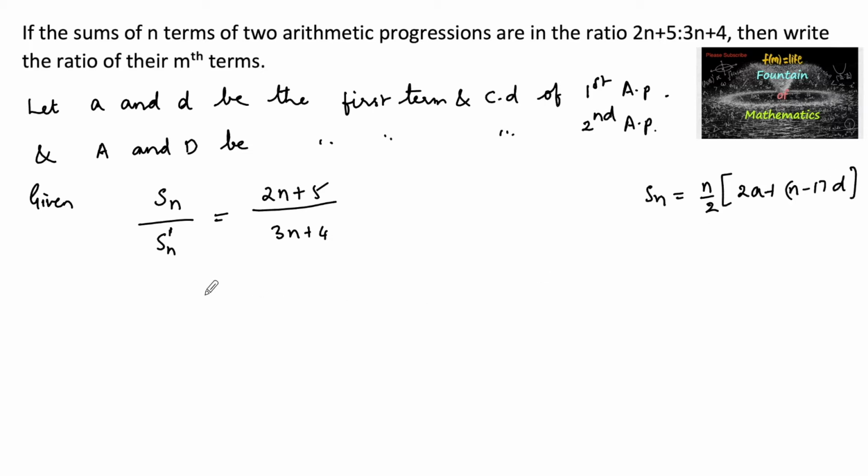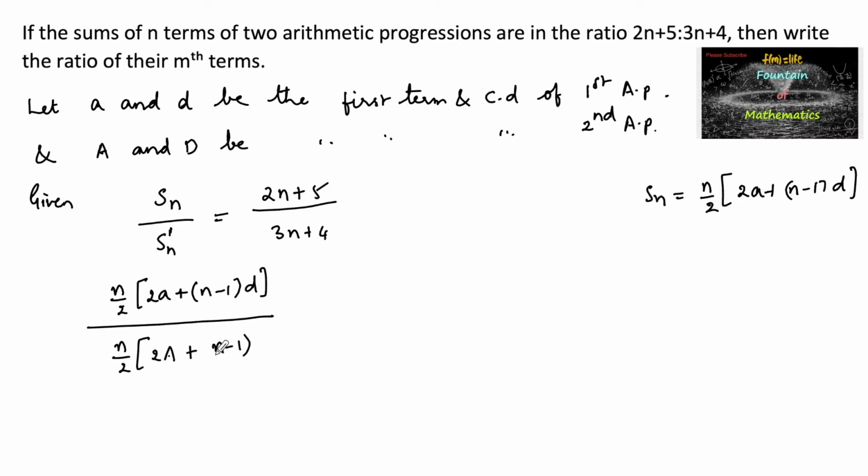So by using this formula, let us write n by 2 into 2 times a plus n minus 1 into small d upon n by 2. In the second progression we have capital A, so we can write 2 times capital A plus n minus 1 into capital D is equal to 2n plus 5 upon 3n plus 4.